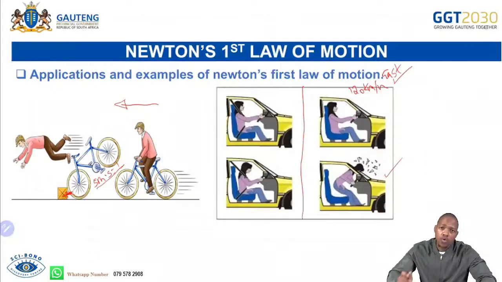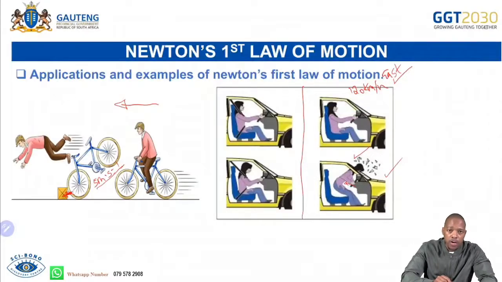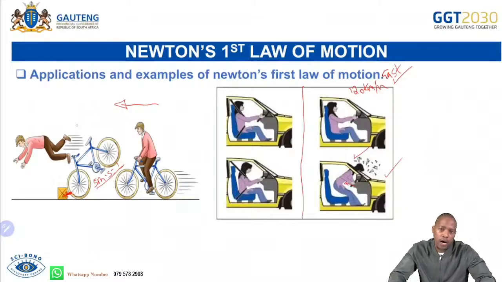So what is going to be the net force that is going to act on her? It will either be the steering wheel, it can be the dashboard, and she can also go through the windshield, as it is shown here in the diagram. Here's a picture of the lady going through the windshield. Now this is much more dangerous than the first scenario, because there you can fall and pick yourself up.